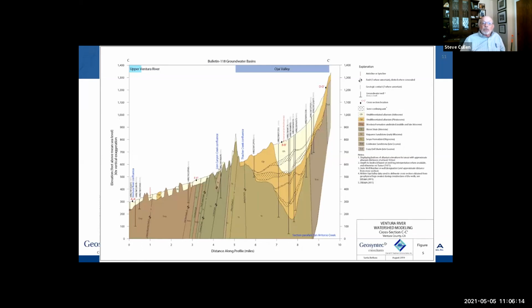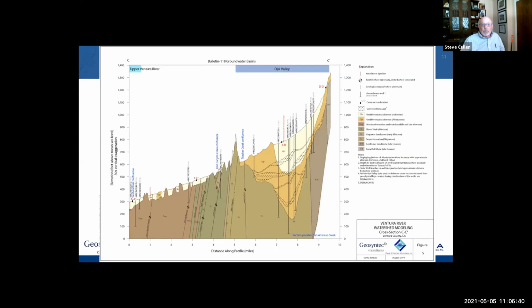This is another cross section that was presented in the geologic analysis memorandum. This one goes from southwest generally to northeast, following in general the San Antonio Creek. Within the Ojai Valley Basin, previous analysis of geophysical logs from wells within the basin was used to map the alluvial thickness. This is work that was done by DBSNA in 2011.